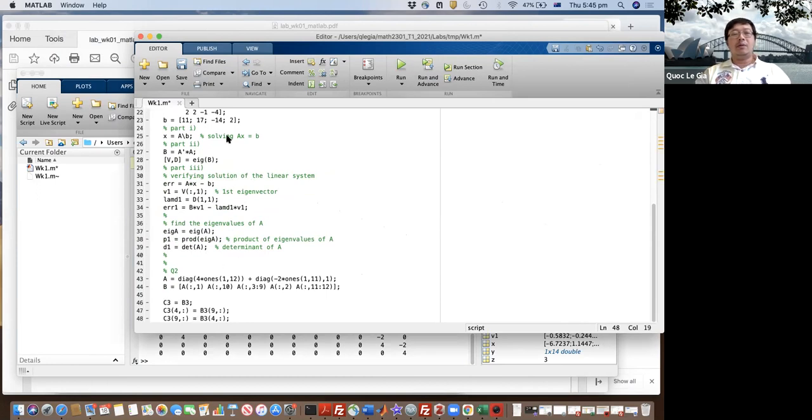So C3 equal B3. Your B3 is this matrix. Okay, that's fine. Now let me run it, and now let me check your C3 and see whether it's correct.